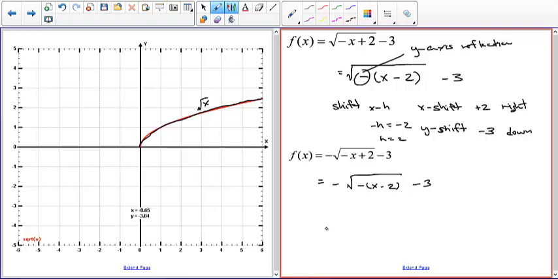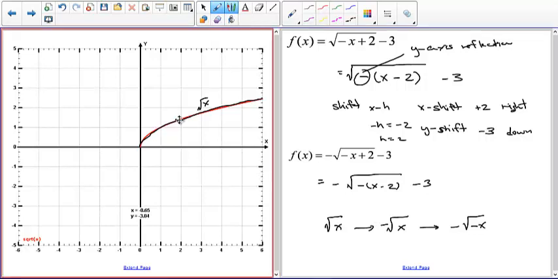So the steps, it doesn't really matter which we do first, but you start with a parent function. Then we're going to go negative the square root of x. So this one is going to be an x-axis reflection. So let's grab my function.